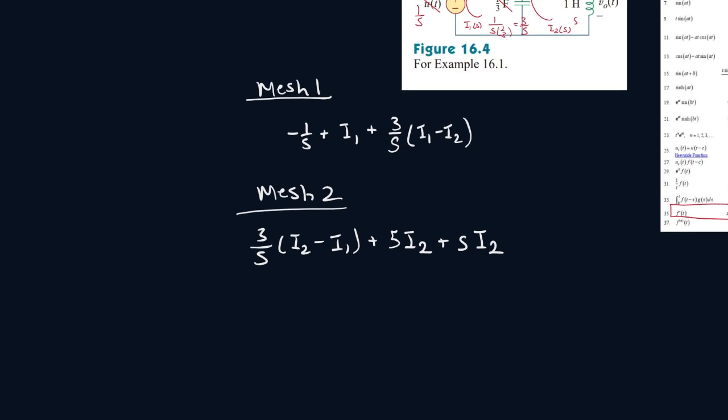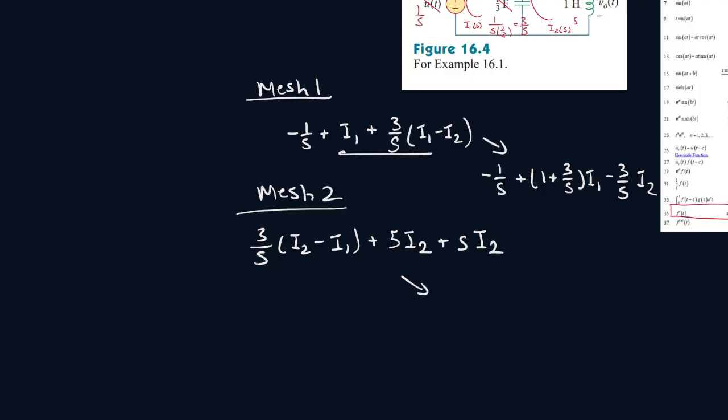Okay, so now we just do regular mesh analysis. I'm going to simplify this out first. So I'm going to do minus 1 over s. I'm going to combine these two, so it'll be plus 1 plus 3 over s I1 minus 3 over s I2. So that's the first equation done.